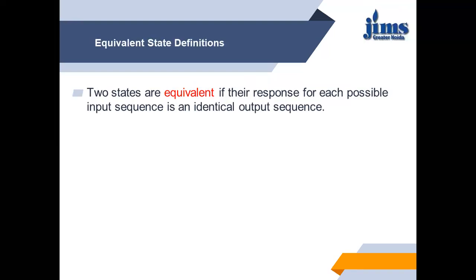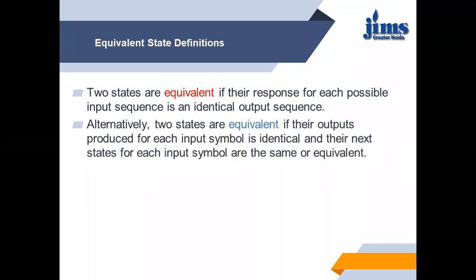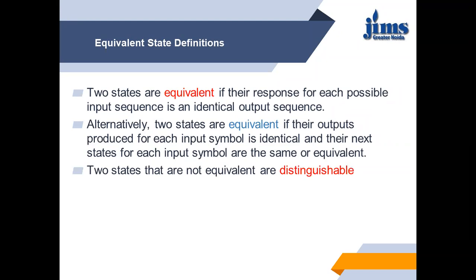Again, two states are equivalent if their response for each possible input sequence is an identical output sequence. Alternatively, two states are equivalent if the outputs produced for each input symbol are identical and their next states for each input symbol are the same or equivalent.